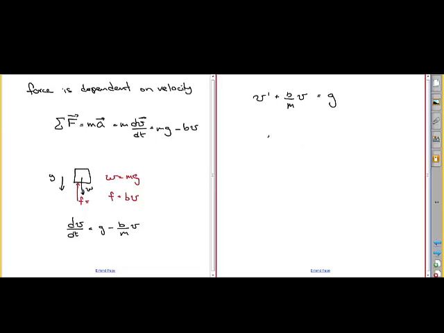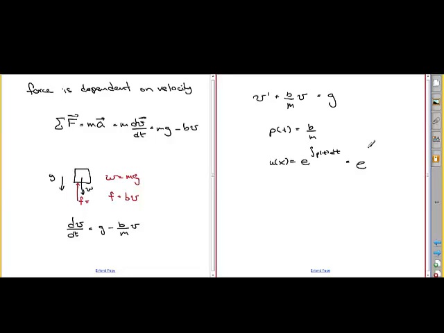So the first-order linear differential equation is in standard form. Remember p, we always say p of x, but in this case it's a function of t. v is a function of t, so p of t is b over m. So our integrating factor, we're going to use an integrating factor here, is e to the integral of p of t dt.